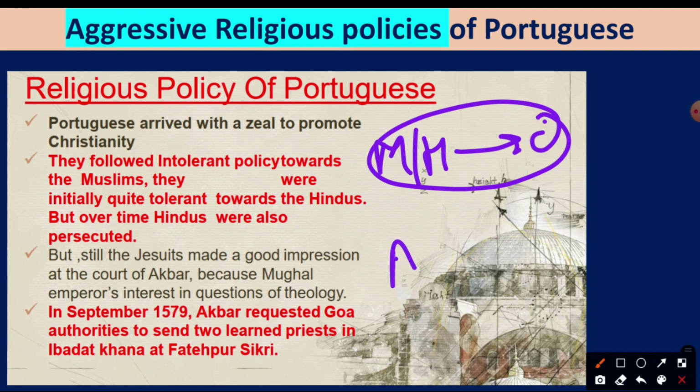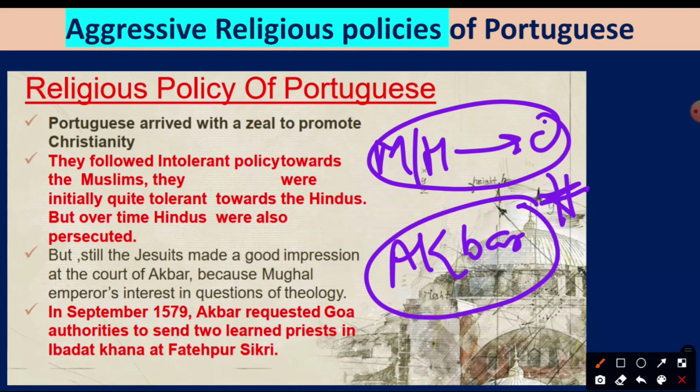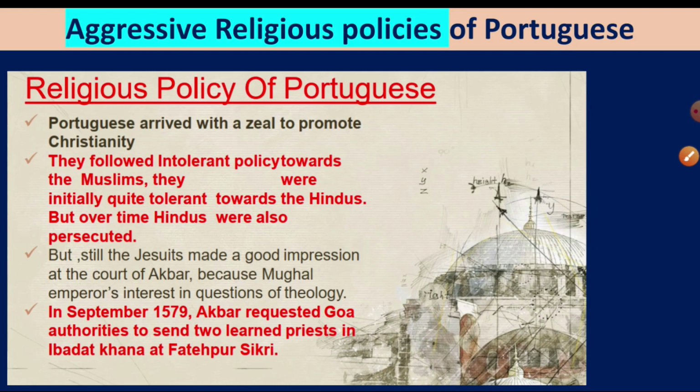In fact, it is said they were about to convert Akbar as well. Akbar was very interested in knowing about the theology of Christianity, what it means, the values it stands for, its views on the creation of the world. So Akbar was interested in these debates. Ibadat Khana, you must have read it. He invited these priests three times, and it is said they made a good impression on Akbar.